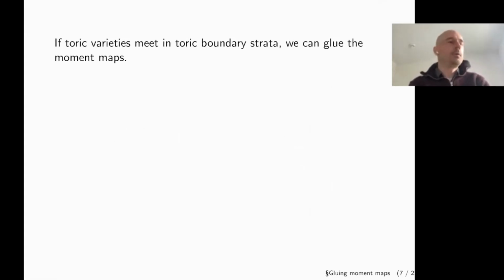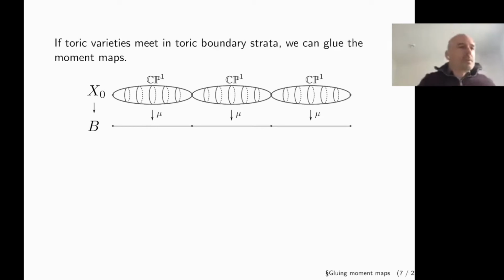Now we want to glue those toric varieties together. If two toric varieties meet in boundary strata, we can glue them together, and we can also glue the moment maps to the polytopes. So this looks like this. Here I have a bunch of CP1s, 3 of them, and I glue them along the toric strata. So that means CP1 has 2 zero-dimensional torus orbits, that's 0 and infinity, and I can glue the infinity point of one CP1 to the 0 point of the next one.